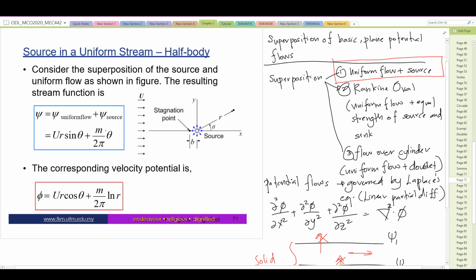For the stream function, we take the stream function of uniform flow plus the stream function for the source. Let's recall your previous note.